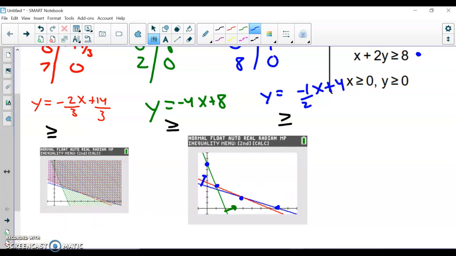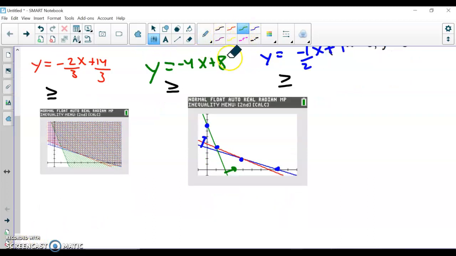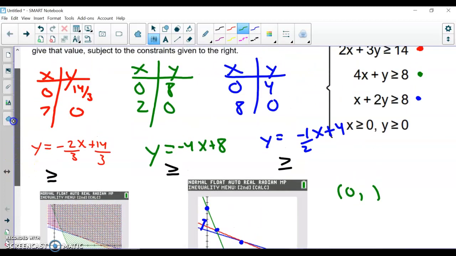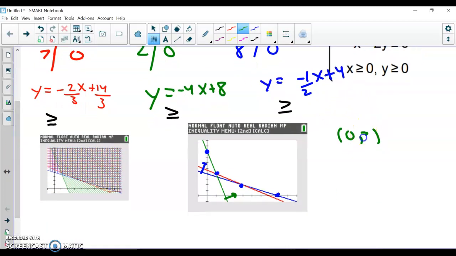I realize I'm getting low on time, so I have to pick it up a little. But luckily, we've done some of the work already. This is just the y-intercept for the green line. So that corner point right there is 0, and we've already found that in green, the y-intercept was 8. So that's 0, 8. This is the x-intercept of the blue line. It's crossing the x-axis, where y is 0.